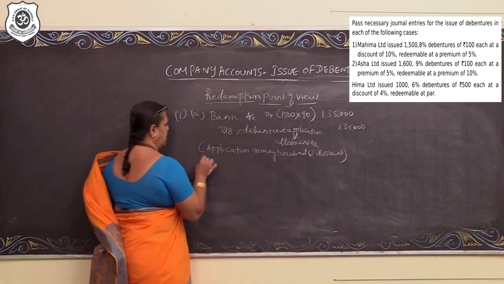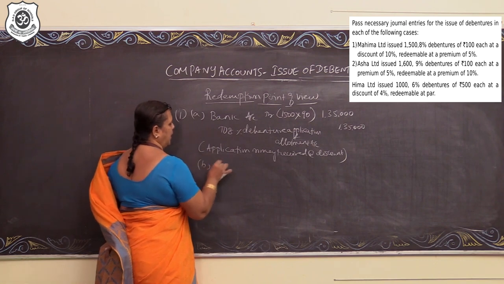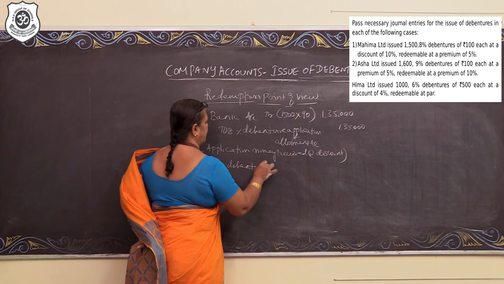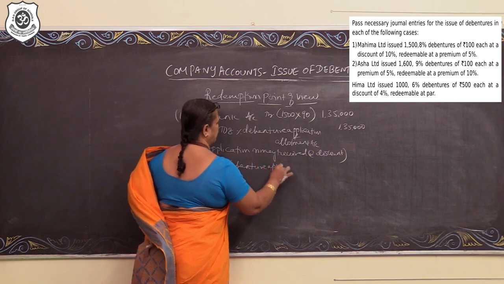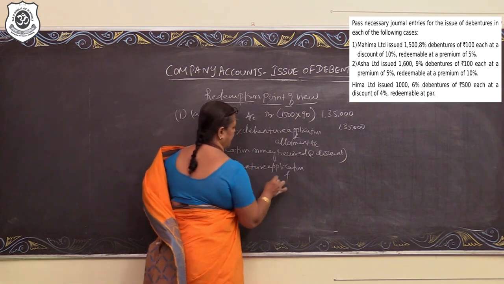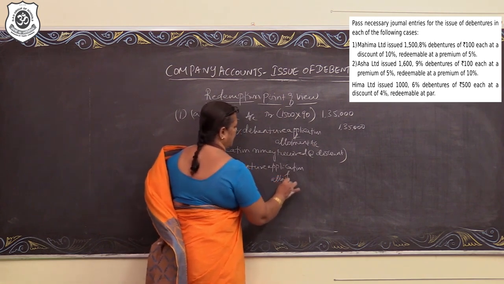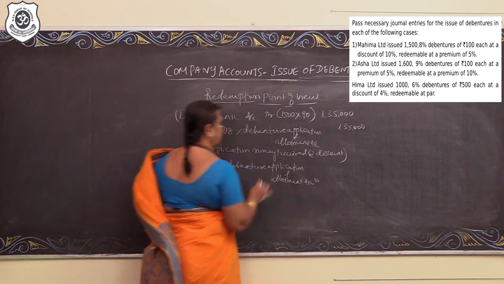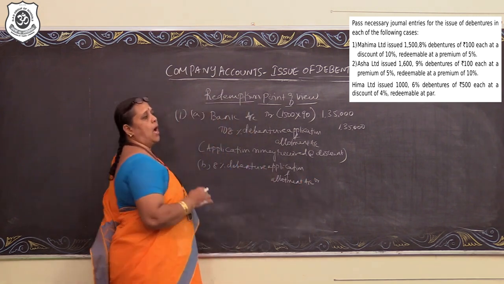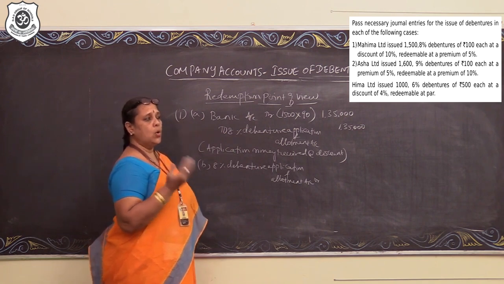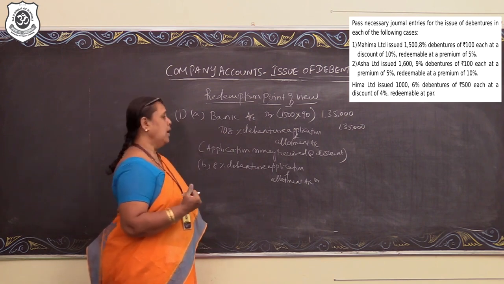The second entry will be 8% debenture application and allotment account debit. Two types of entries I will pass for this, how to treat loss on issue and how to treat discount on issue and premium on redemption.